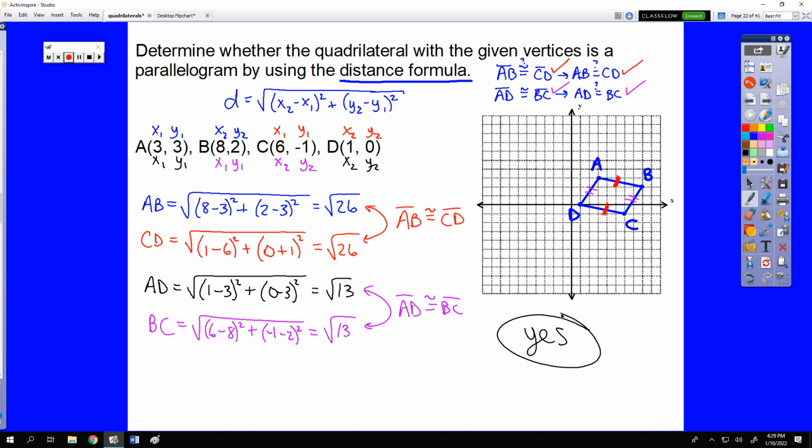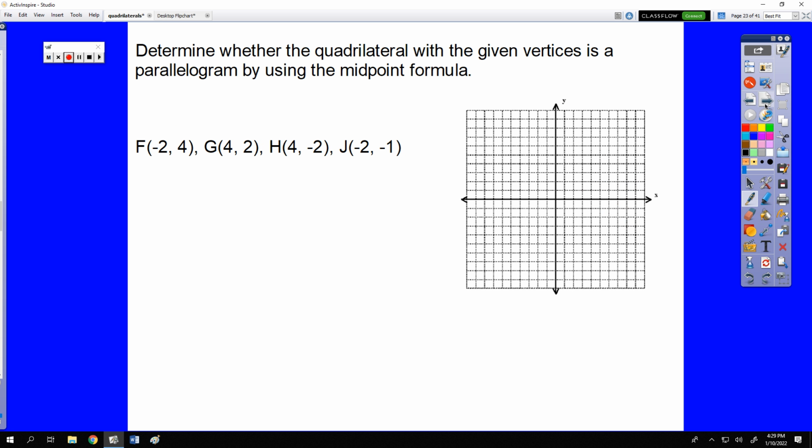formula. All right, the final test for parallelogram problem here involves the midpoint formula. If we're asked to use the midpoint formula, which is x1 plus x2 divided by 2, y1 plus y2 divided by 2, it means we can find the midpoint of a line segment by averaging the x-coordinates and averaging the y-coordinates.